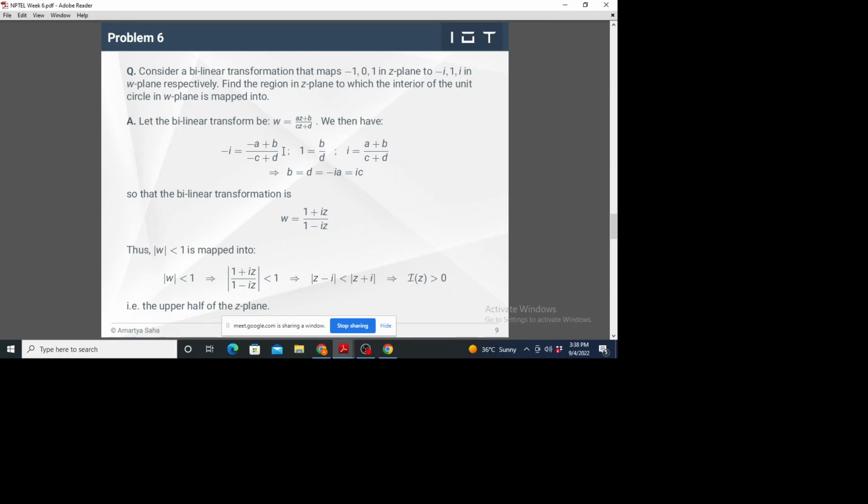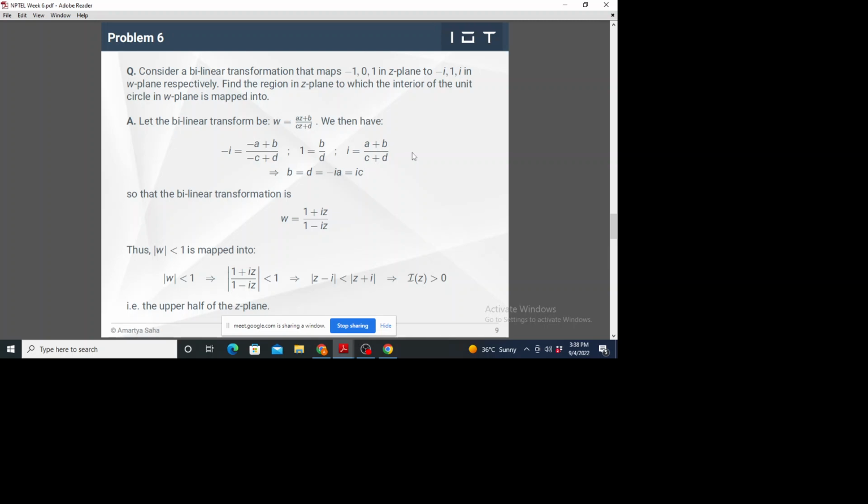Similarly, if we substitute Z equal to 0, that should be mapped into W equal to 1, and that gives us 1 equal to B by D. And similarly from the third one, we get i equal to (A plus B) by (C plus D).